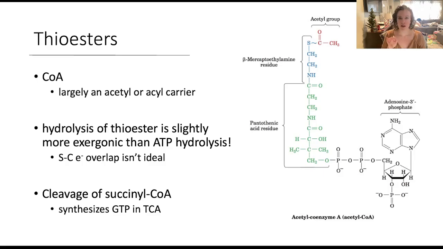Now, the high energy bond that we're talking about is the thioester bond, or the bond between this sulfur and carbon. This is the bond connecting CoA to the acetyl group.